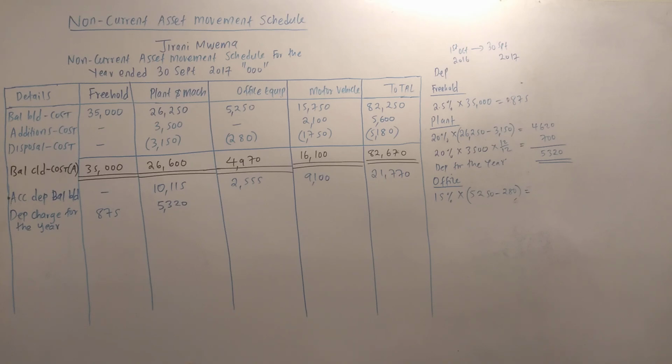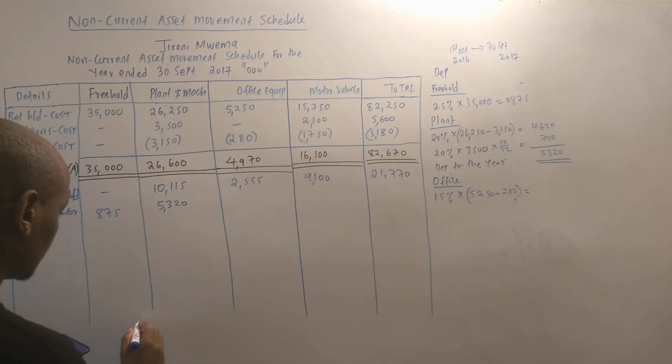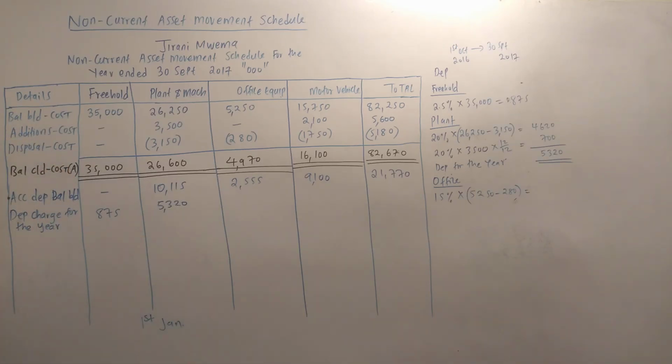And then now remember, let's go back to 280. Now remember 280 was acquired on 1st January 2017. Now we need to prorate it because they said we are supposed to prorate. Let's see how many days. Remember our year started in October 2016.